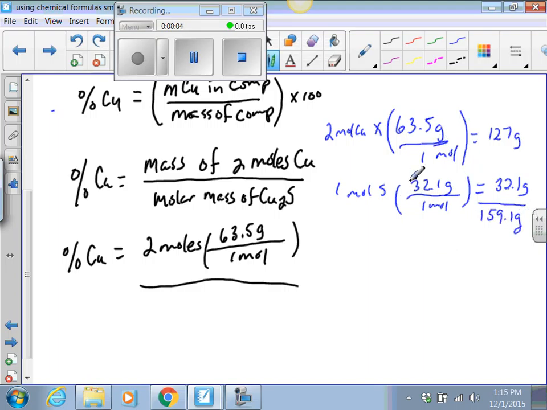Okay, so that's our mass of the total compound. So that's going to go in the denominator as the molar mass of copper 2 sulfide, 159.1 grams. And then this ratio times 100.